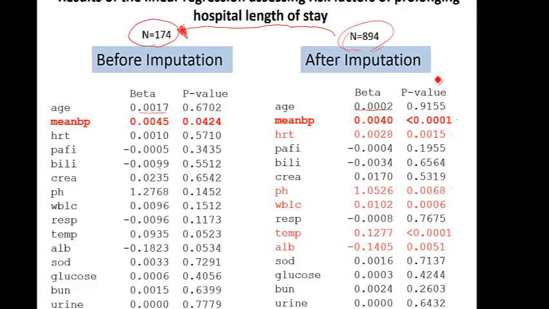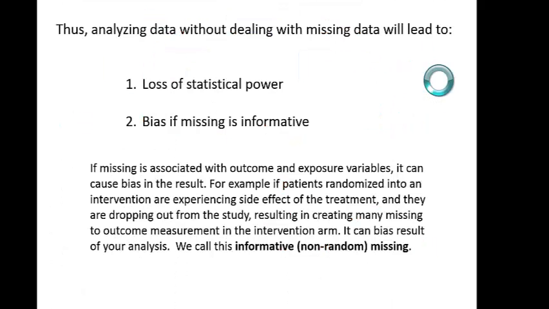Okay? So when you don't deal with missing data in your analysis, you can lose statistical power. And in this example, it was a significant loss of statistical power. And then also, if such missing is not happening at random, it will start biasing the magnitude of association.